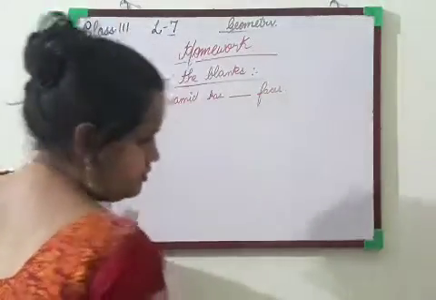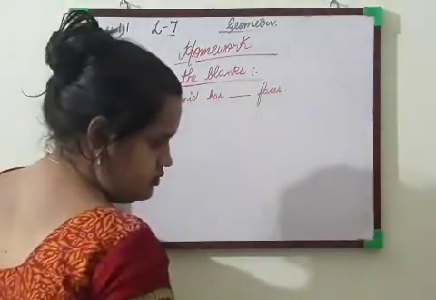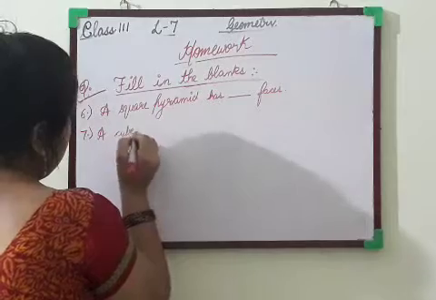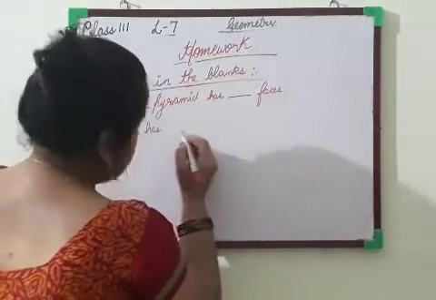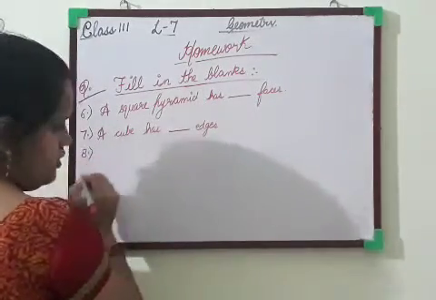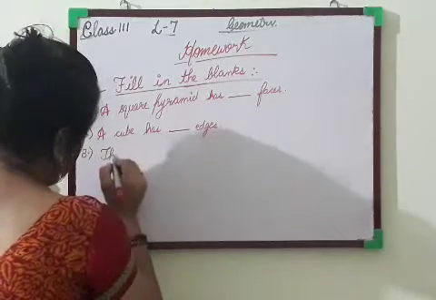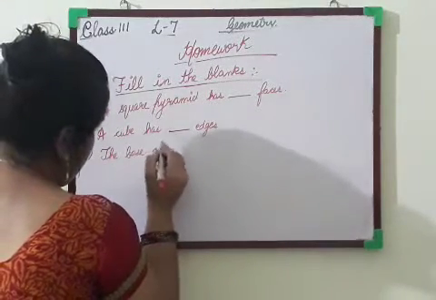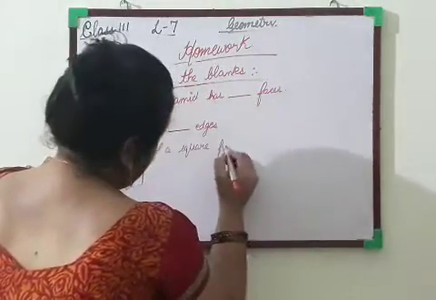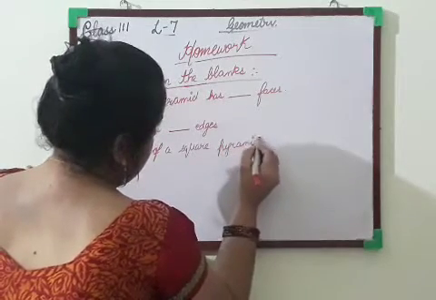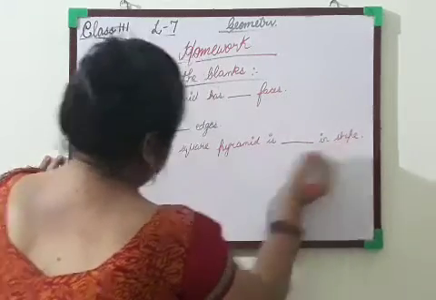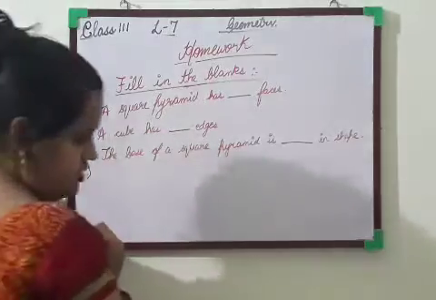Okay, a cube has dash edges. The base of a square pyramid is dash in shape. Very easy it is. The answer is itself in the sentence.